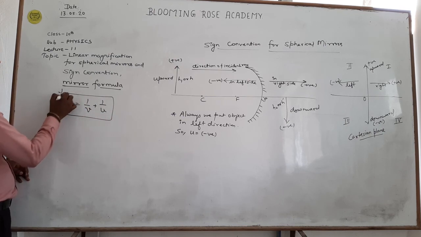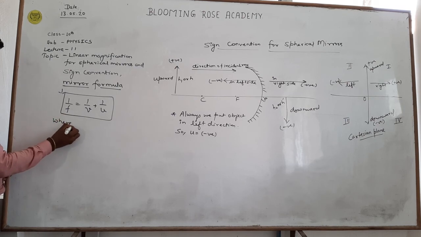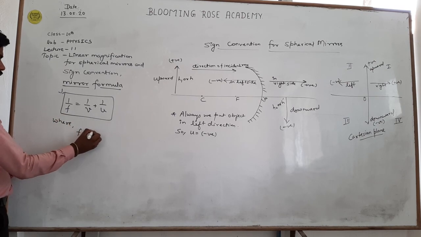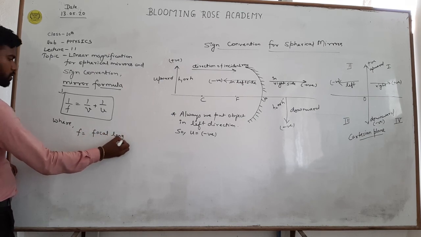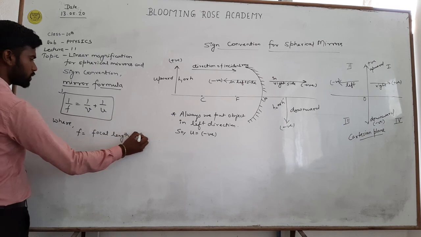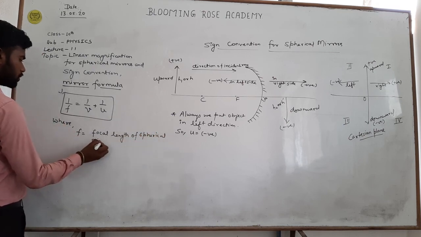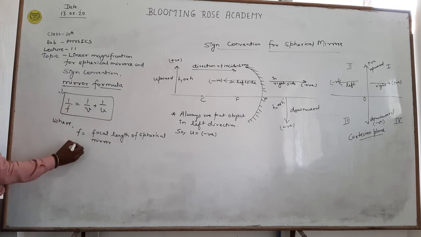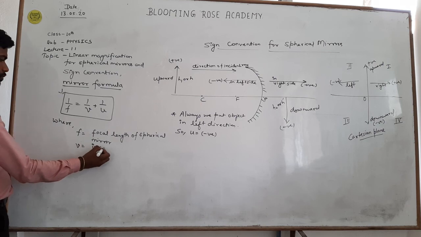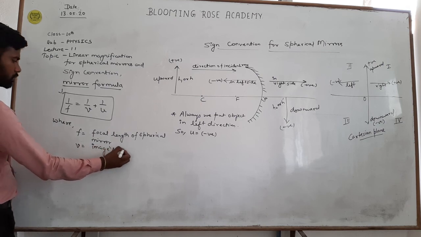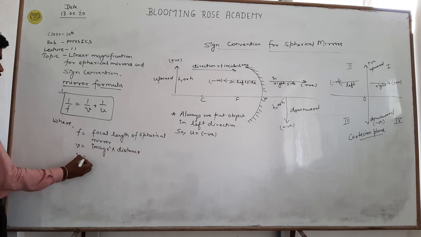This is the mirror formula for spherical mirrors, where f is the focal length of the spherical mirror, v is the image distance from the pole and u is the object's distance from the pole.